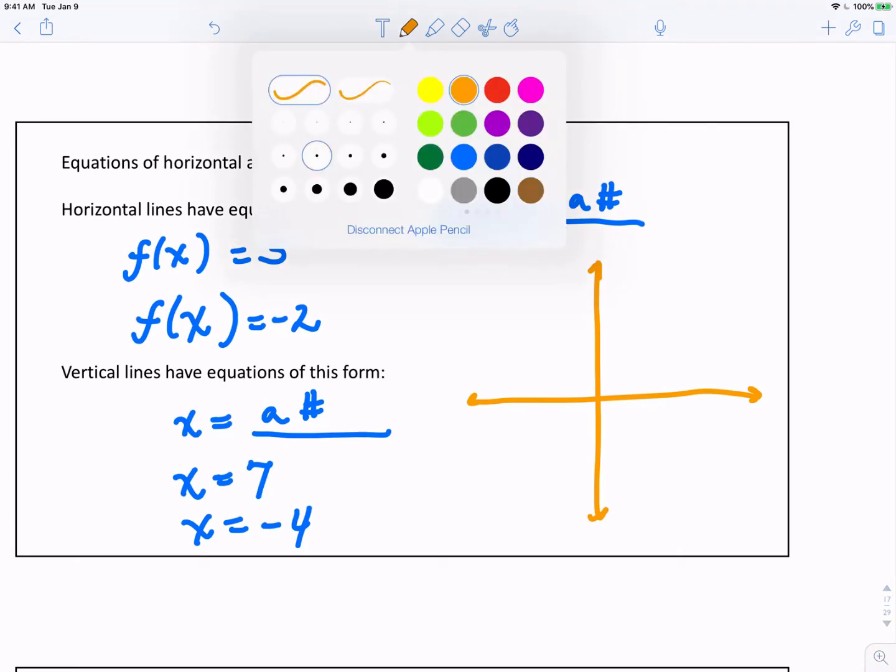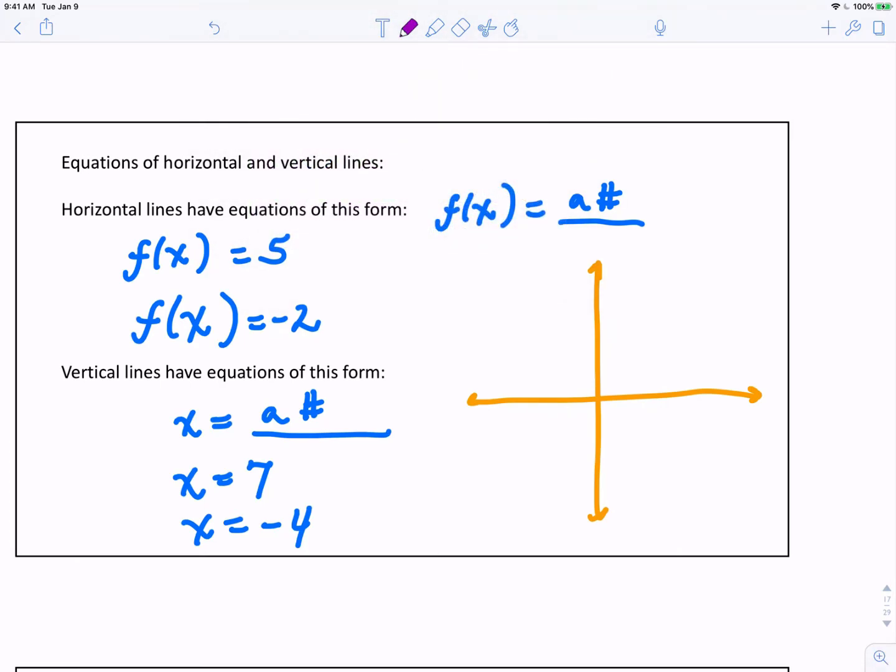So for example, suppose you were looking at a horizontal line and you knew it passed through the point (0, 2), and you were asked, what's the equation of this line? Well, all you have to do is find some other points that are on the line, and it'll be real clear what the equation is. This line would also cross through (1, 2), and this line would also cross through (-1, 2).